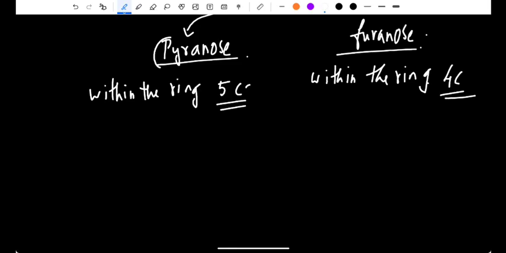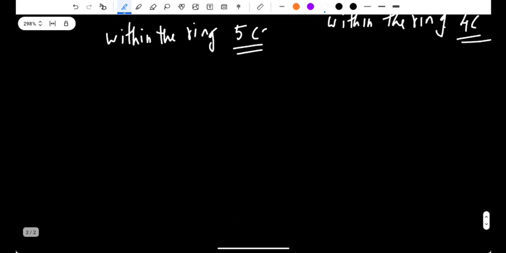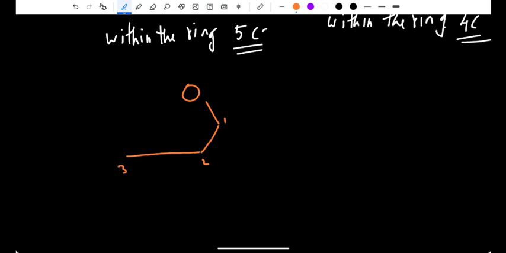Okay. So let us draw a pyranose first. For the pyranose, oxygen will be here. So this one will be the first carbon, second carbon, third carbon, fourth carbon, fifth carbon. So 5 carbon inside and the 6th carbon will be outside.